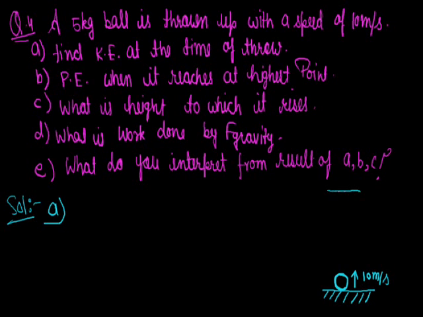After reaching the topmost point, its final velocity becomes 0. So A: find the kinetic energy at the time of throw. As we know, kinetic energy is given by half m v square.